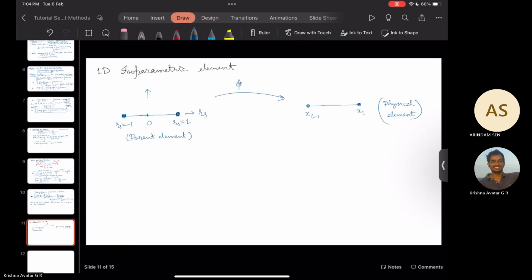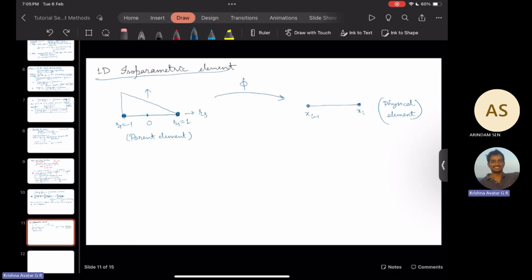Now we need to first define this mapping function, right? Before that, we'll also have some sort of basis functions like the one we had defined there, but for this parent element.